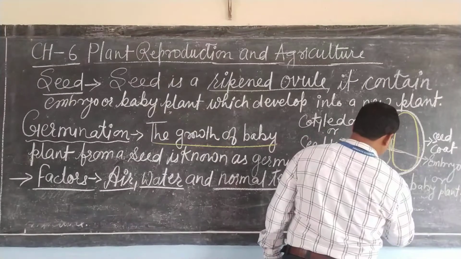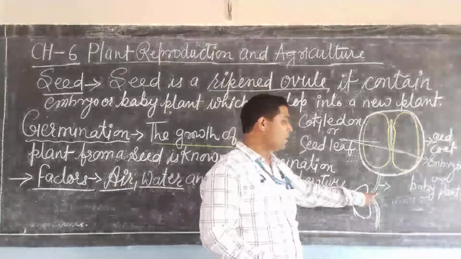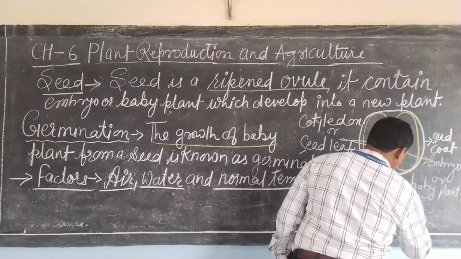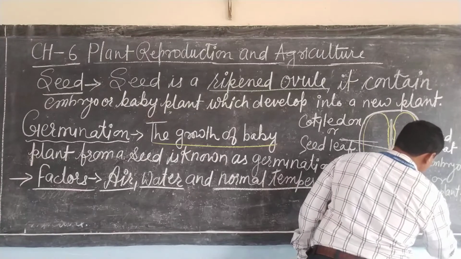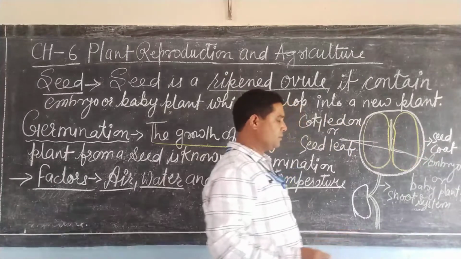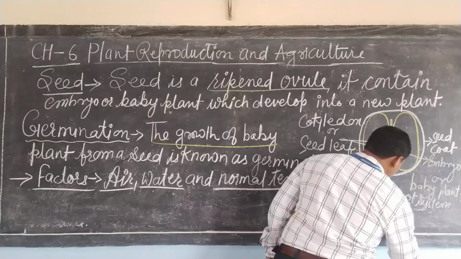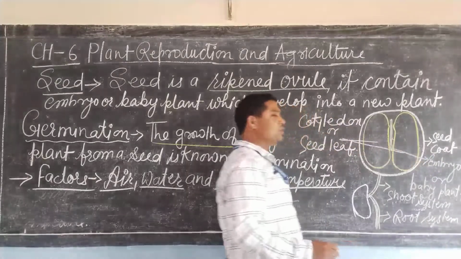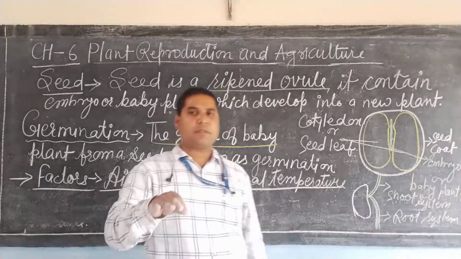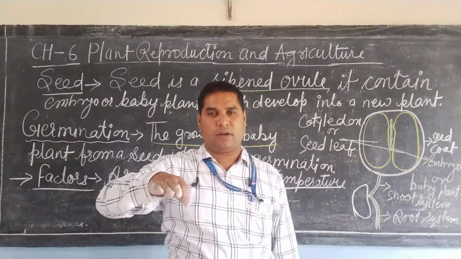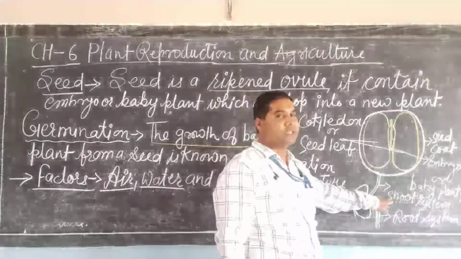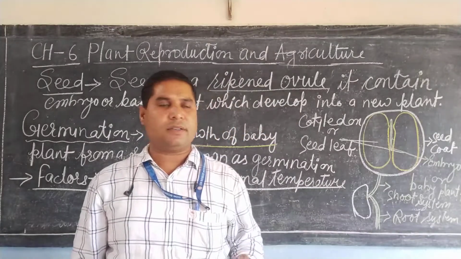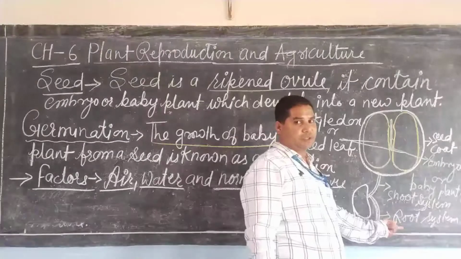The part which is above the ground or above the soil is known as the shoot system, and the part which remains inside the soil and supports the plant is known as the root system, dear student.